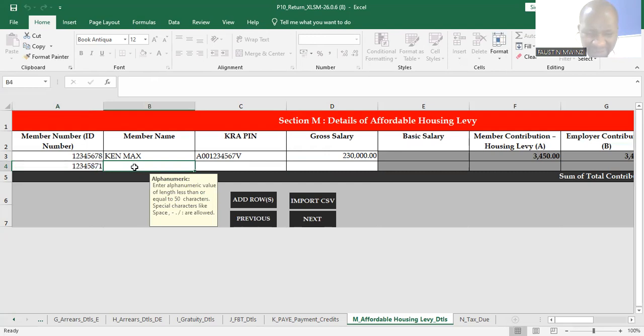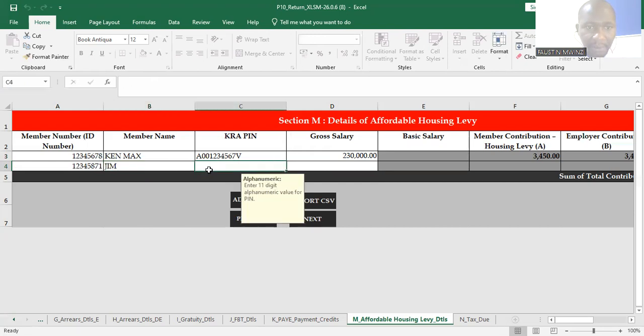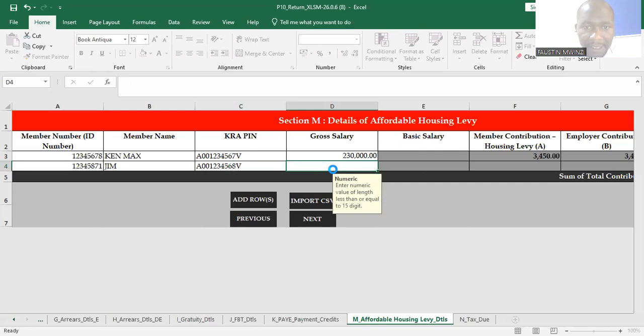The next employee, what was the name of the second employee? Whichever, Jim. PIN, the only thing that we reject is if we enter wrong PIN format. A00123456. The salary of the second employee, remember that guy was a secondary employee.